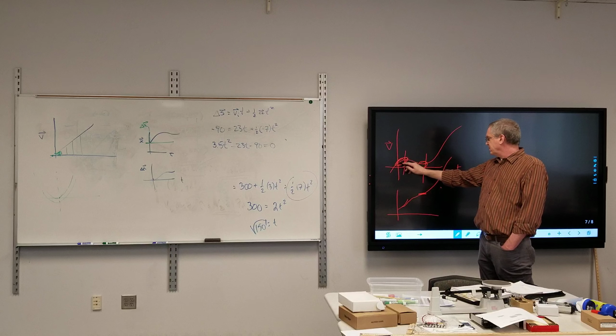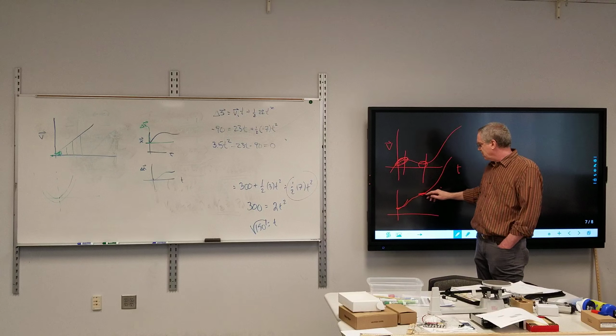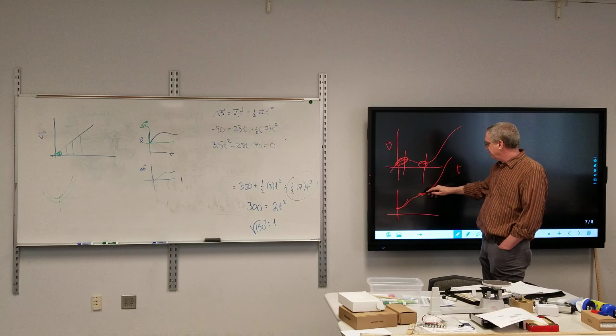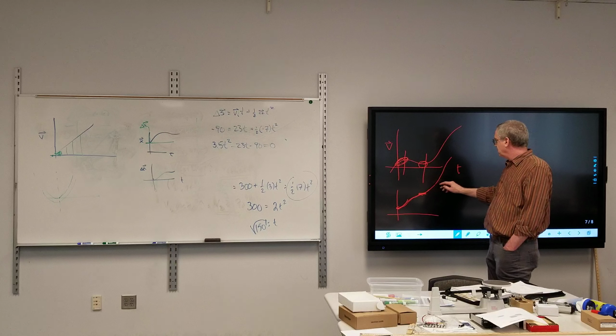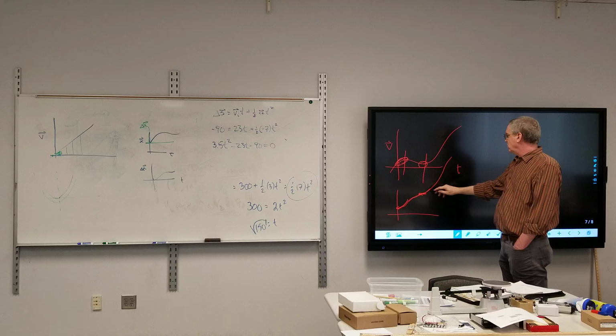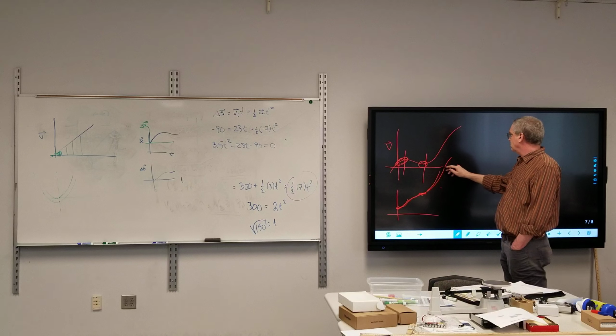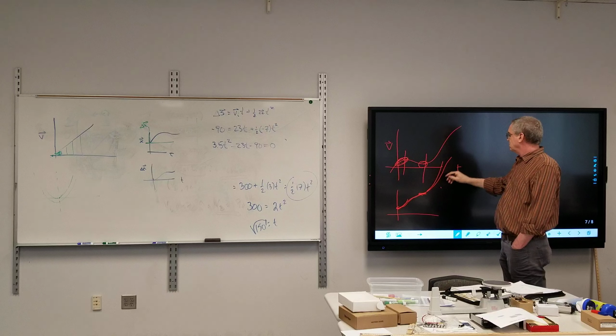My slope is roughly the same here as here. It should not be. My velocity is increasing, so this would increase more. Velocity is still increasing.